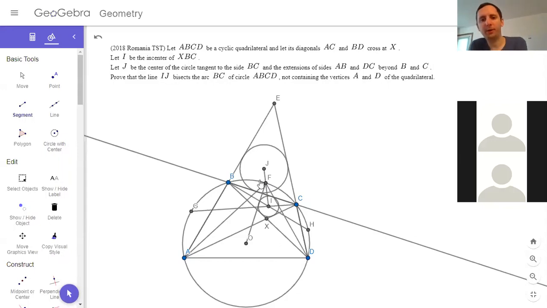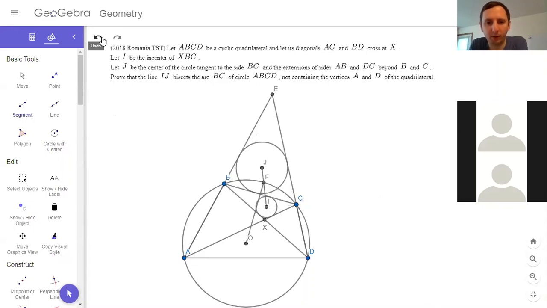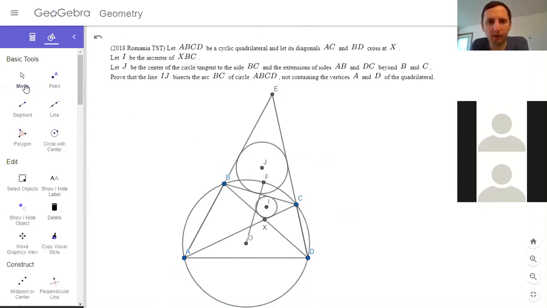Yeah, but it might be easier to think of the problem the other way: first let F be the midpoint of the arc and then show I, J, and F are collinear. I think that's a better way of thinking about it, right? That seems much easier to wrap my head around. So I'm just going to define F to be the midpoint of arc BC, and then we want to show that I, J, and F are collinear.